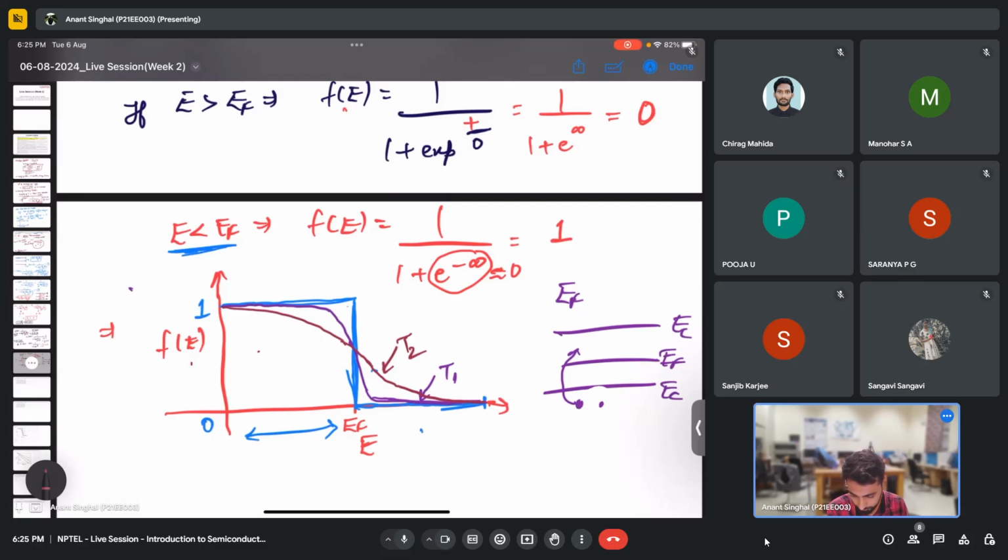So does it make sense? Any doubts in this particular thing? If we increase the temperature, we will have a difference in the probability. So this brown one is T2 and this purple one is T1. So T2 will be greater than T1. The higher the temperature, the more probability that the electrons will flow from the valence band to the conduction band. That is what we always get.